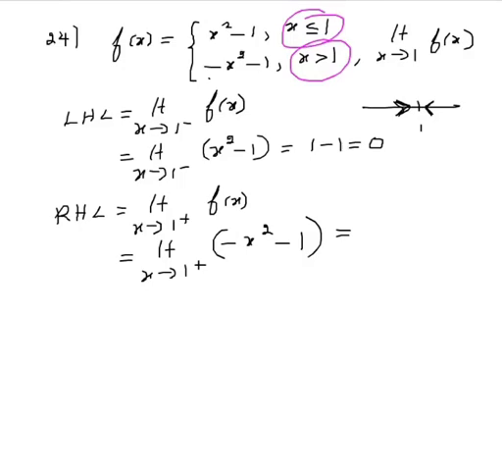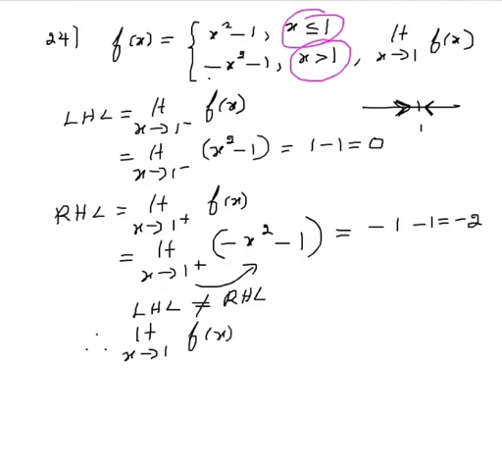So let us substitute 1. Minus 1 square is 1, minus 1, the answer is minus 2. So LHL is not equal to RHL. Therefore, limit extending to 1 of f of x does not exist.